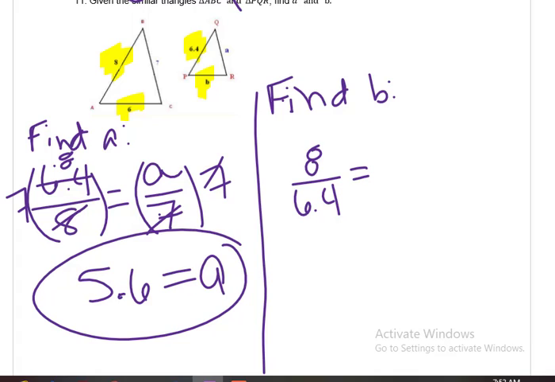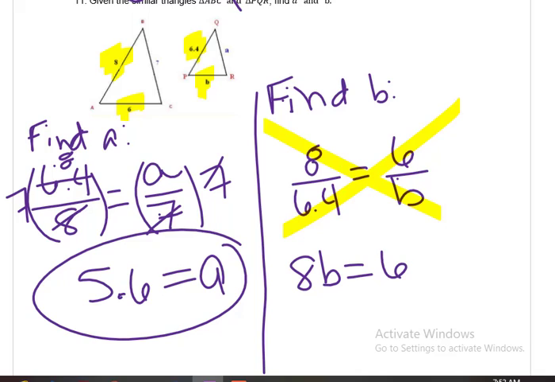So 8 is to 6.4 as 6 is to b. With the way this proportion is set up, I'm going to have to do the means equal to the extremes. So 8b, the means, is equal to 6 times 6.4. I'm going to divide both sides by 8.